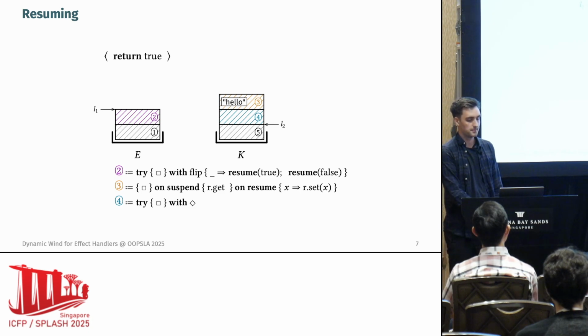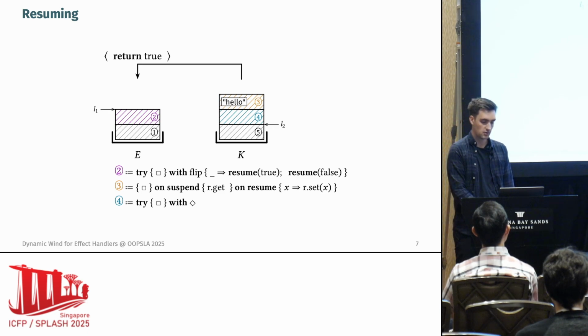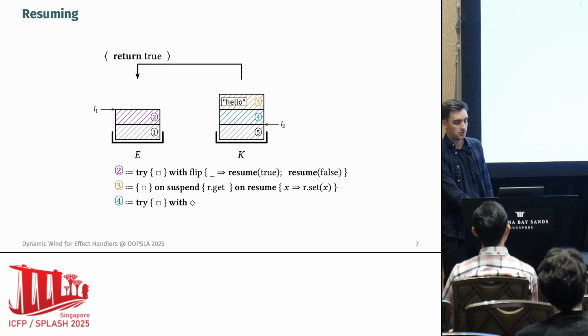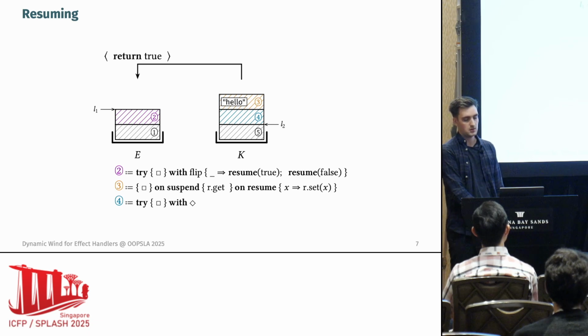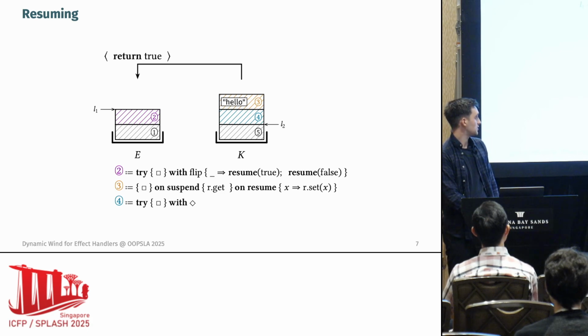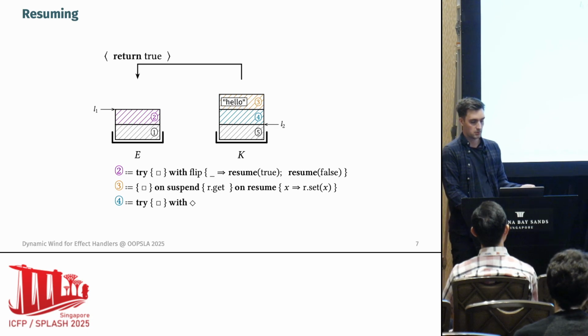So we need to unwind the stack, rewind the continuation onto the stack, and then on this stack that then is computed, we need to return true. And again, now we have this finalization frame we need to put back on the stack. So we are using the same trick.